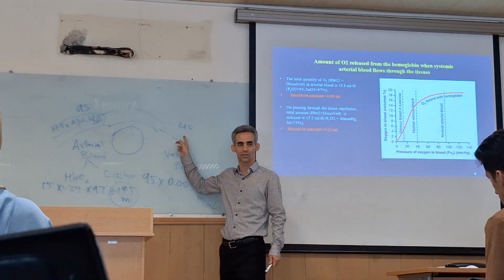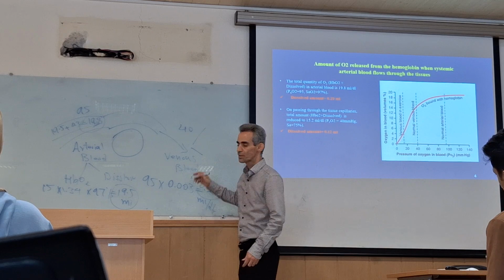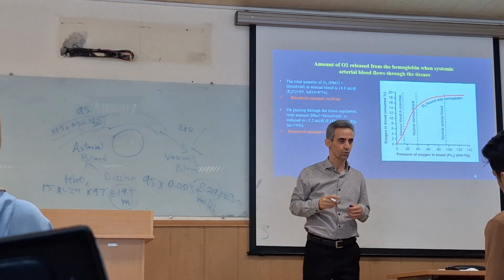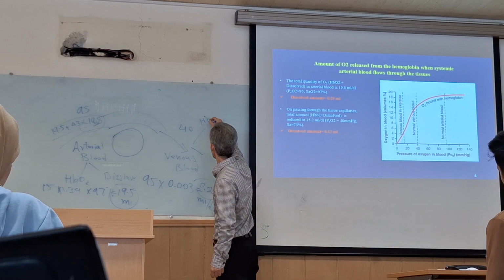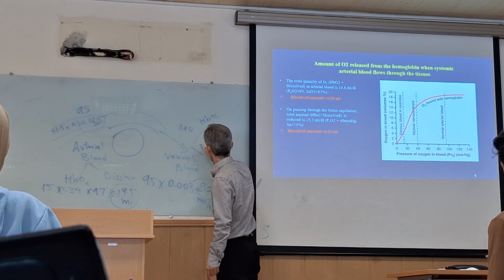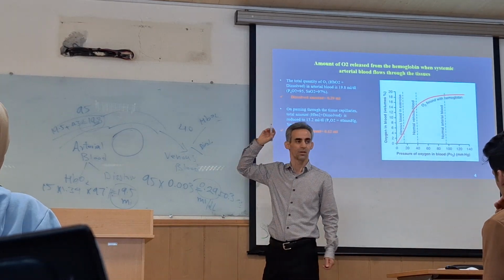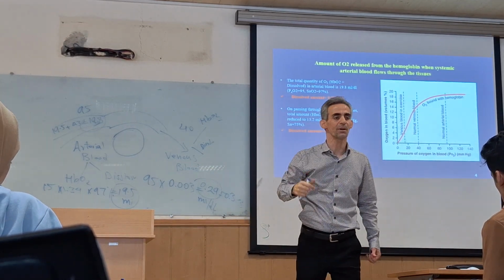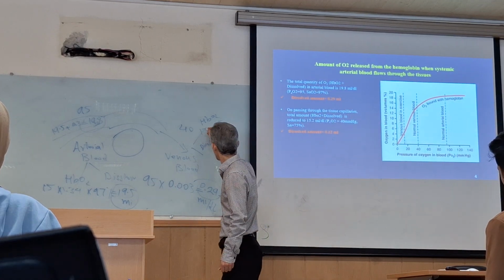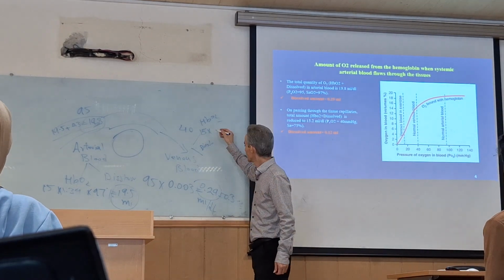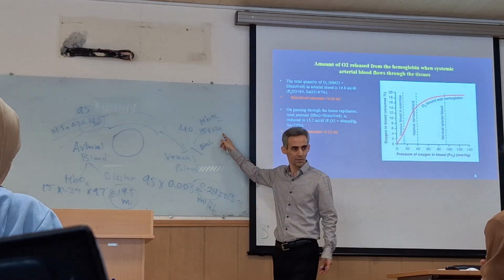But on the other side, venous blood. In venous blood again we have oxygen in two forms, oxyhemoglobin and dissolved. For oxyhemoglobin, again we have the same amount of hemoglobin, 15 gram, and each gram of hemoglobin combines with 1.34.